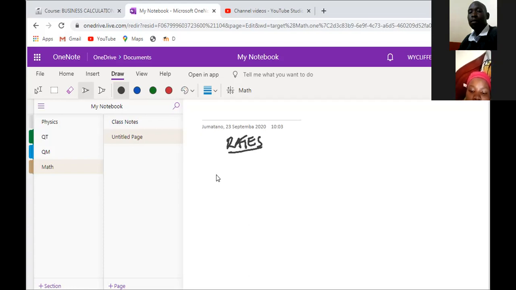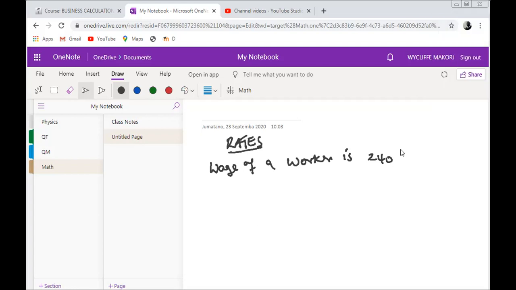You can have a case where you are told the wage of a worker is 240 shillings for working 8 hours.